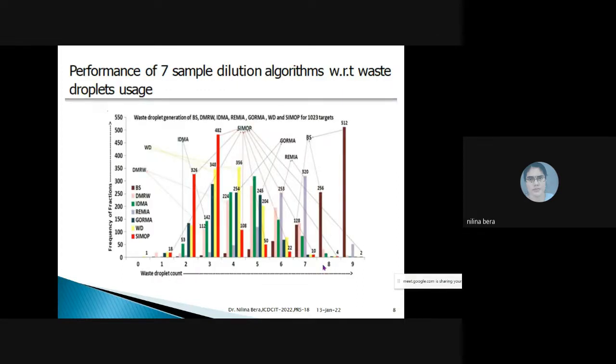Now I am trying to compare CMOP with the existing sample dilution algorithms like IDMA, TMRW, REMIA, GORMA, the existing WD, and obviously bit scanning. Altogether, for the waste droplet generation, CMOP is performing better than all six existing algorithms.